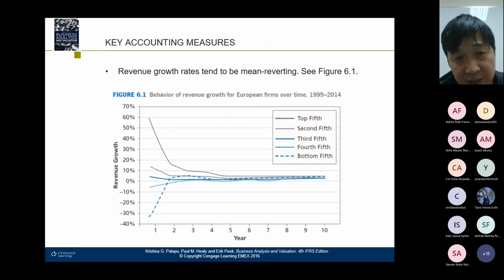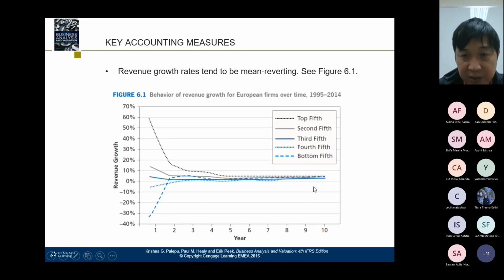Okay, so the figure 6.1, the behavior of revenue growth for European firms over time, 1995 to 2014. Okay, so this one, the revenue growth, over time converges to a flat line.